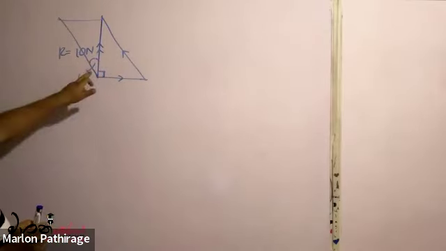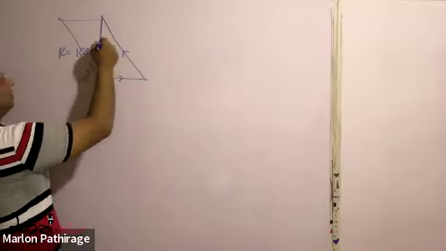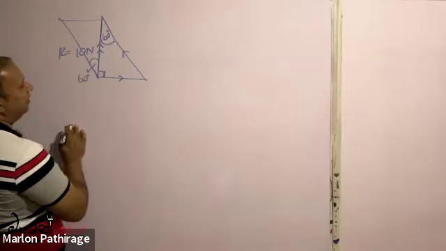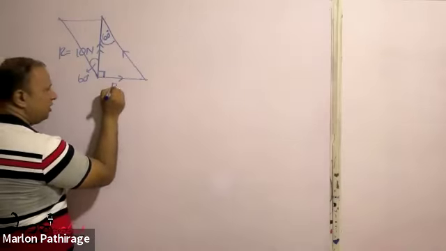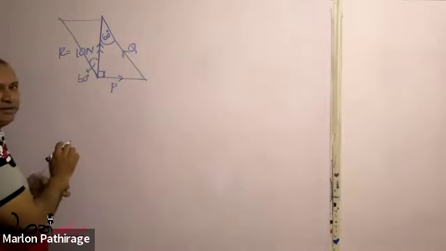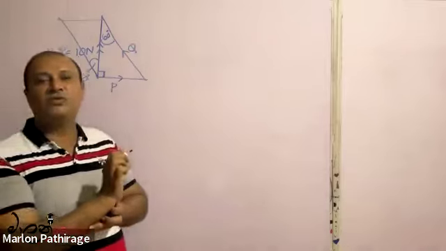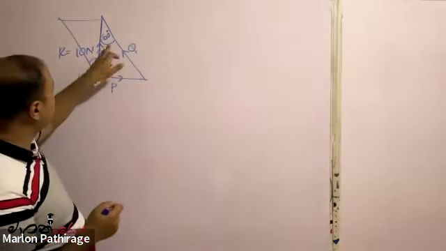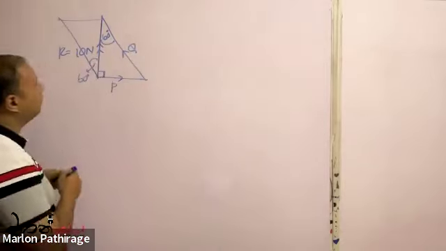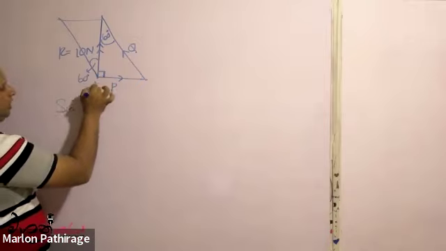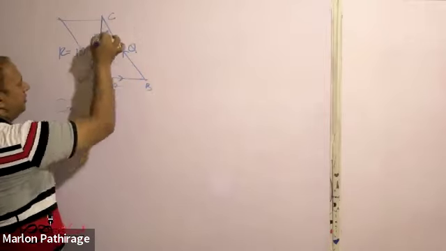If this angle is 60, this angle also 60. So suppose this one is P, this one is Q. Then you can write trigonometric functions for 60.